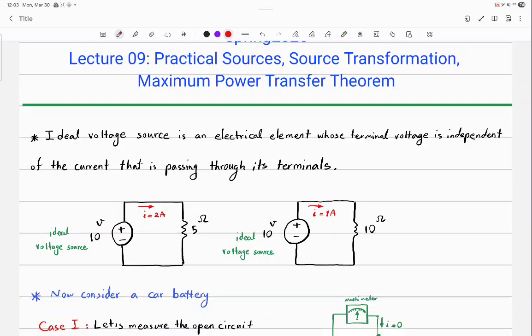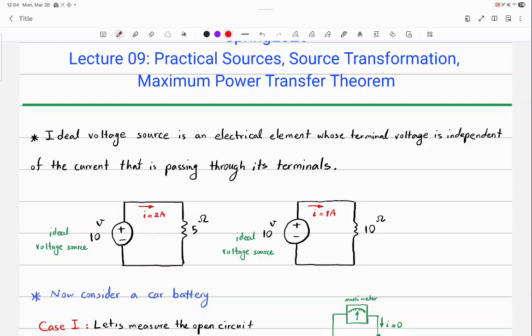It provides a potential difference between its positive and negative terminals, equal to exactly the value that is written beside it. Now, this is my question. Does it matter how much current is being drawn from it? For the voltage, the 10 volts that is dropped between the positive and negative terminal, does it depend on the amount of current being drawn from it?